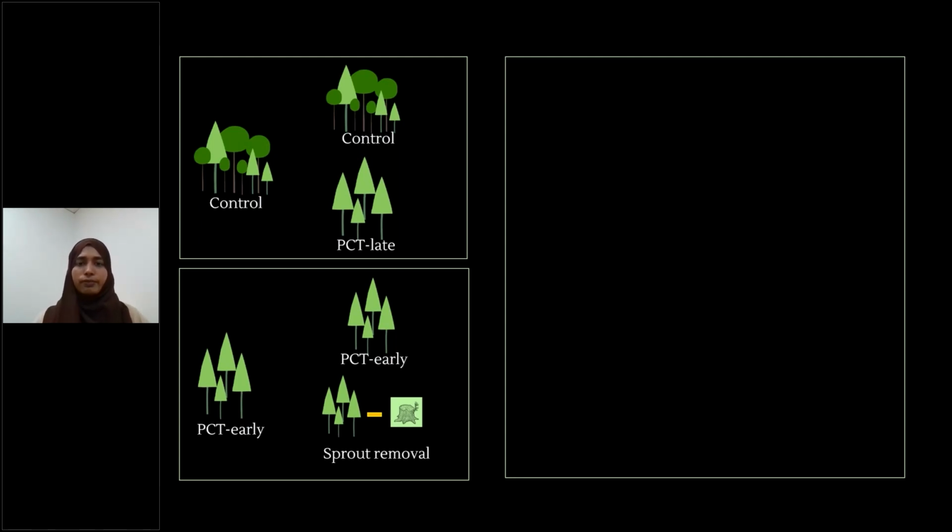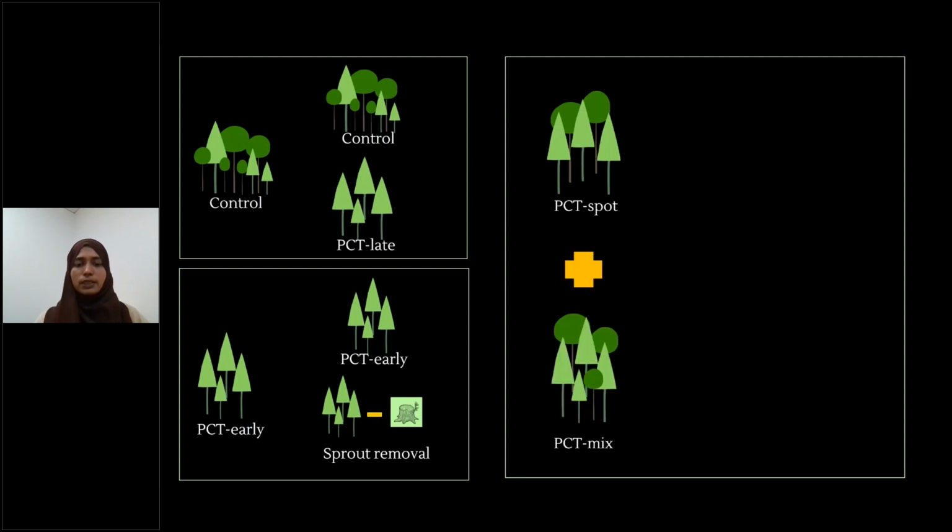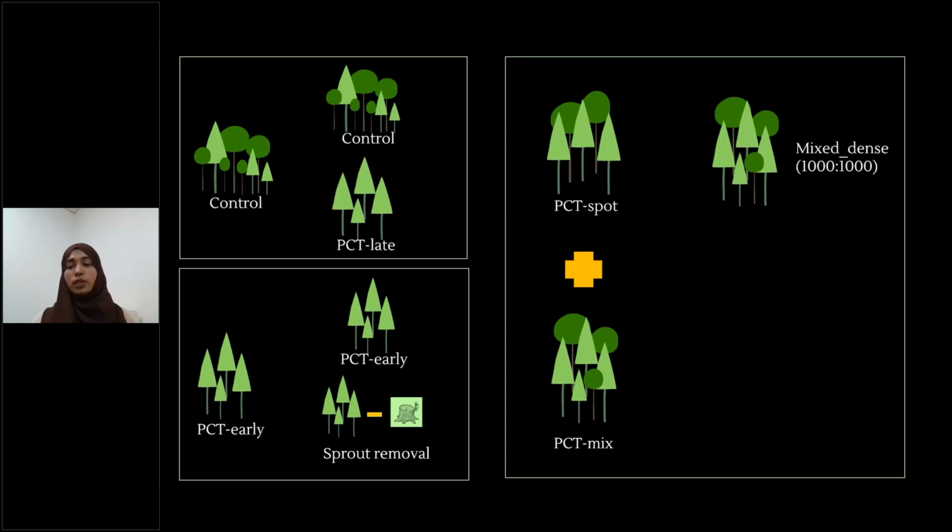And then we have this PCT spot and PCT mixed, and combining these 2 treatments, these 2 mixed stands, we established 3 new treatments. The first one is, of course, a mixture of Norway spruce and birch, and we named it mixed stands with 1,000 Norway spruce and 1,000 birch.